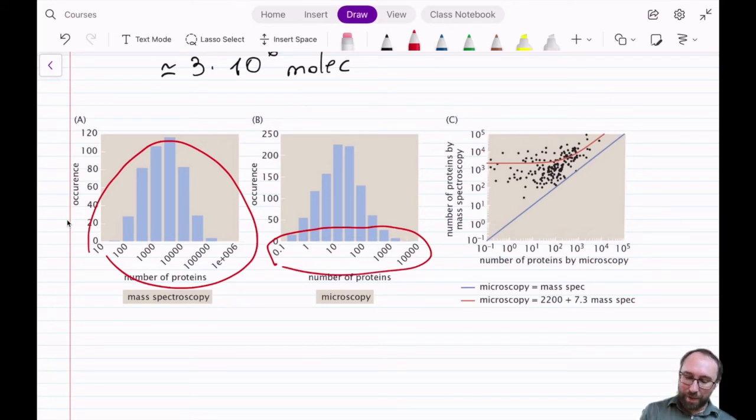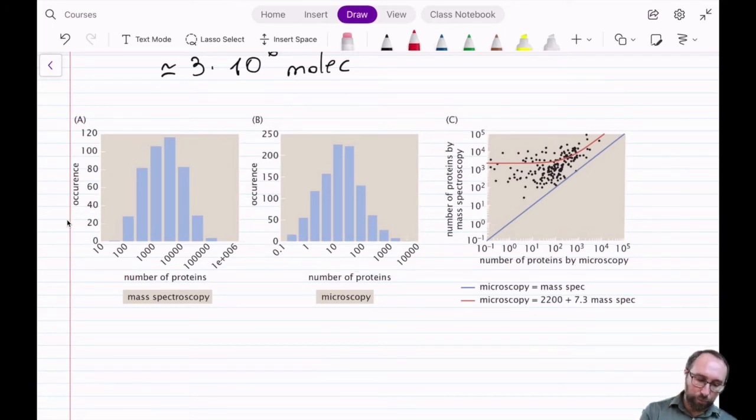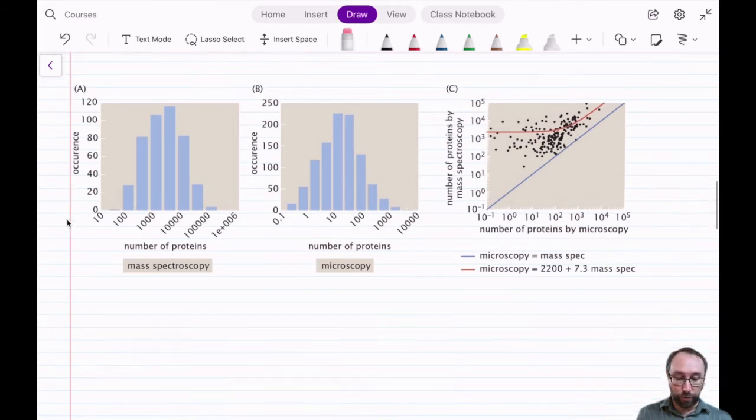And so basically what you see when you compare both measurements is that there's an undercounting by almost a factor of 1,000. And the cells will grow more or less in the same media or similar media. So it's just that the microscopy measurement is basically undercounting. And this is part of the intuition that we talk about when talking about developing a feeling for the organism.